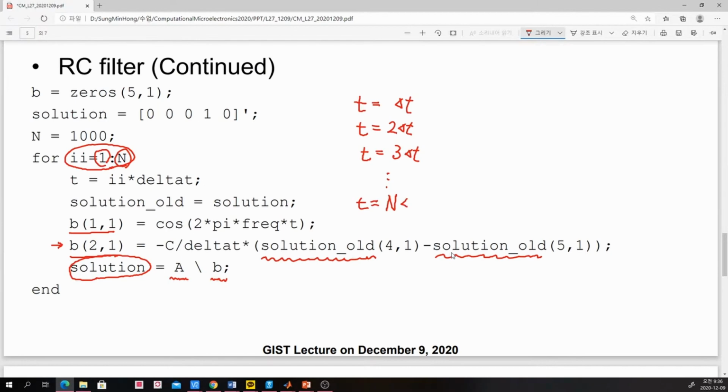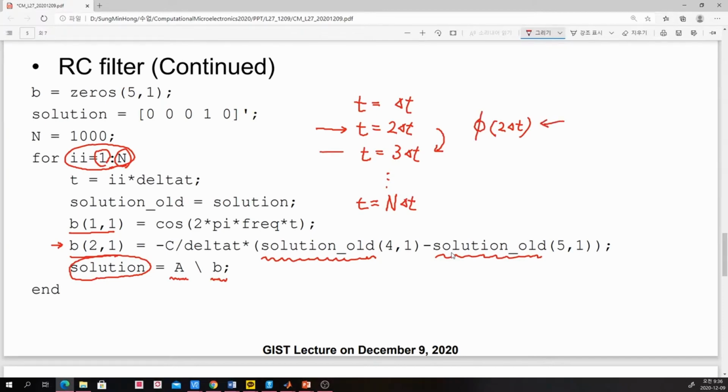N times delta t. Then every time we switch to the next time step, the present solution becomes the old solution. So when we try to solve t equal to 2 times delta t, the values at 2 times delta t, for example this one, are really unknown variables.